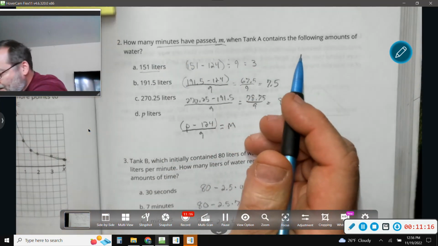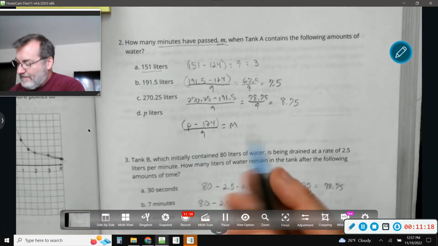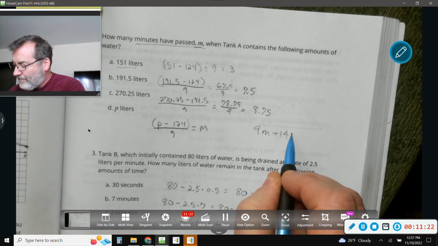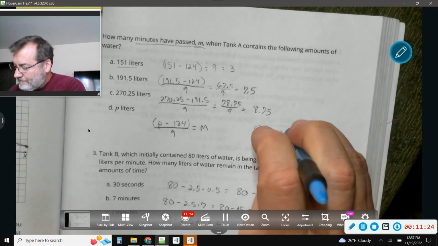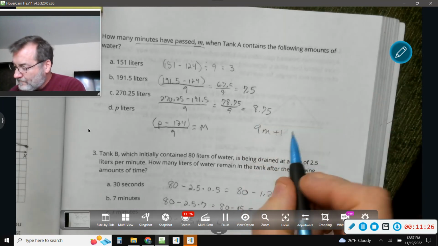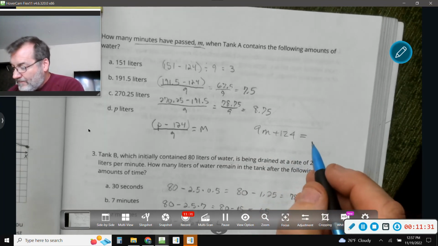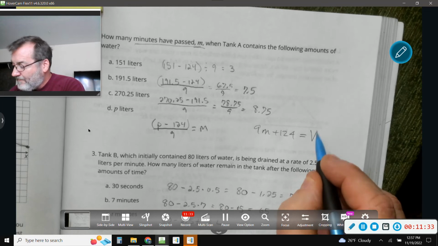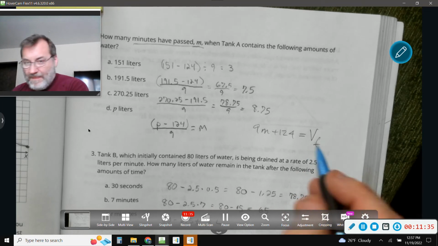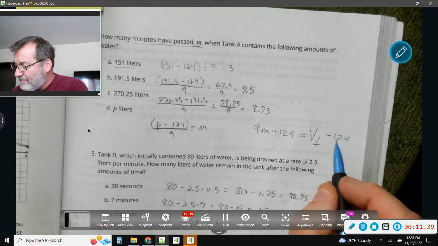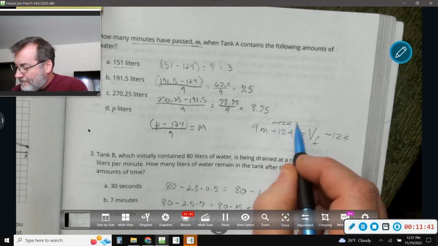So if you take this equation, I'm going to have 9 times M plus 124 equals your final volume, V sub F. I'm solving for M. First I have to subtract off the 124 from each side, and that cancels.